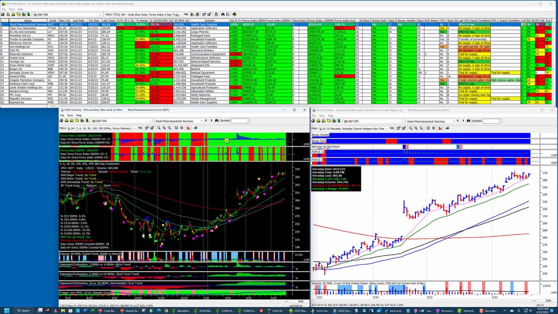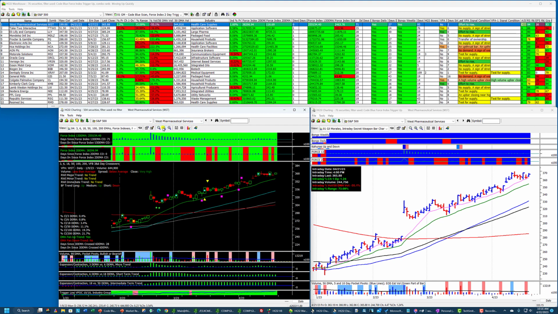This is a 13-day average of the force index. So if you want to find stocks or indexes that have been in effect for a long time, you can sort on the force index 13 or the days since the bongos. The daily bongo and the weekly bongo went positive.